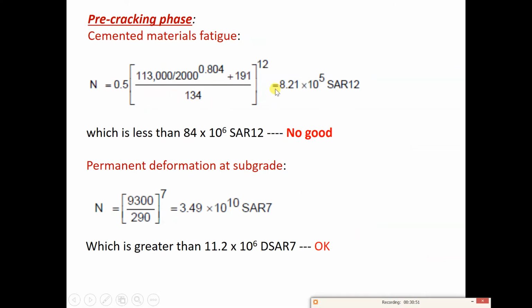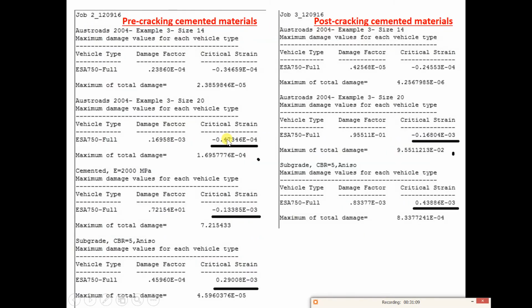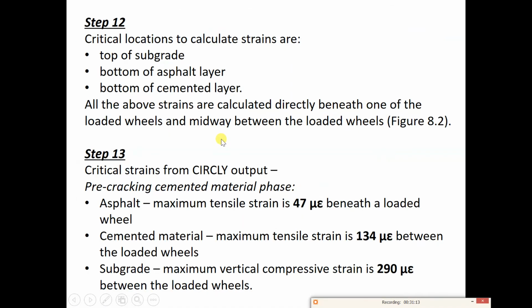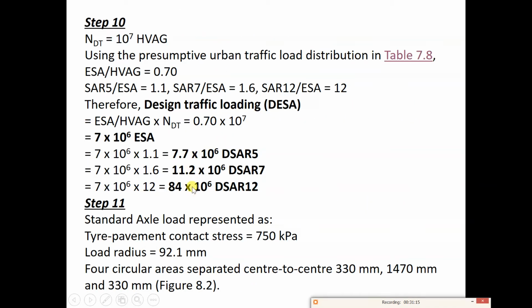So I put in, and it gives us this SAR value, 8.21 times 10 to the power 5 SAR 12, which is less than this value, isn't it? Because this one is the 84 times 10 to the power 6. It's the design 84 times 10 to the power 6. The 12, this is cemented material.